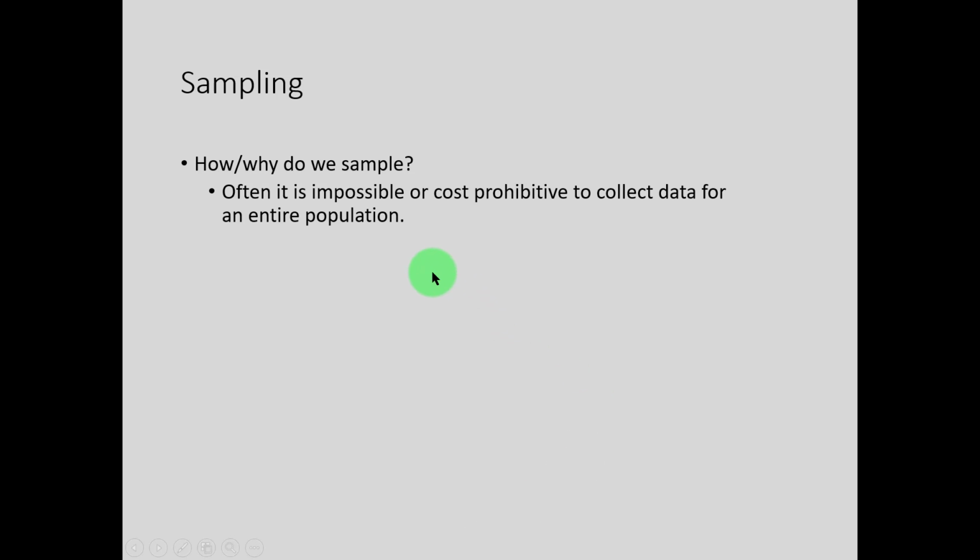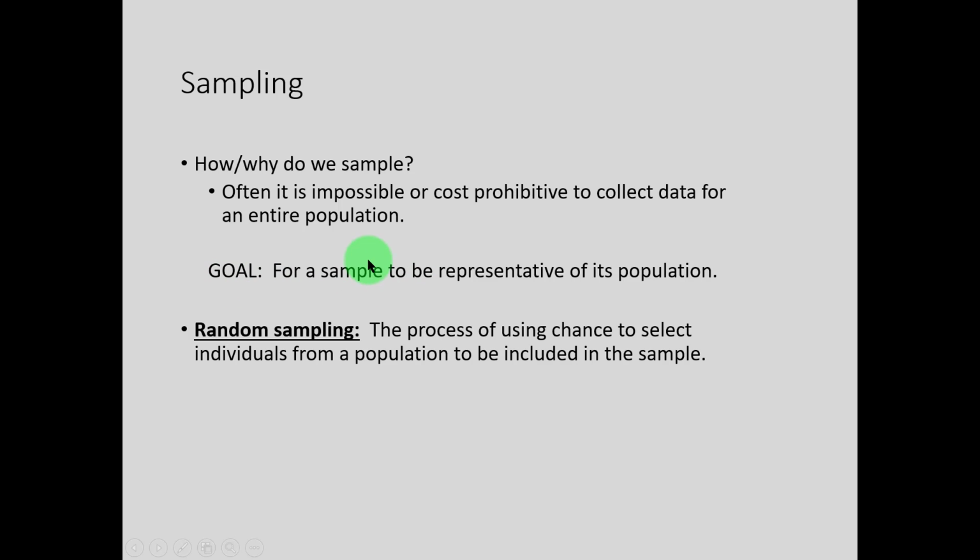Well, we've already mentioned that it is often impossible to collect information from an entire population, but we want to get info from a population. So we sample, and hopefully that sample is representative of its population. The way that we ensure that that is met over time is through a process of sampling at random.